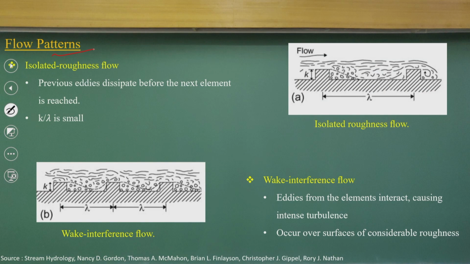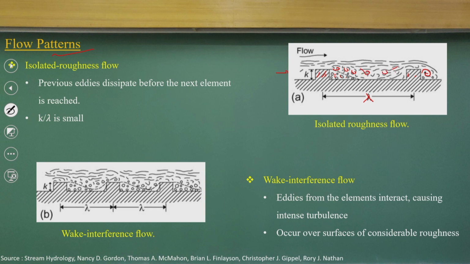For example, suppose the roughness elements of height k are apart by a distance lambda. When you have the flow, there will usually be turbulence zones, no-flow or low-velocity zones, and there will be eddies.